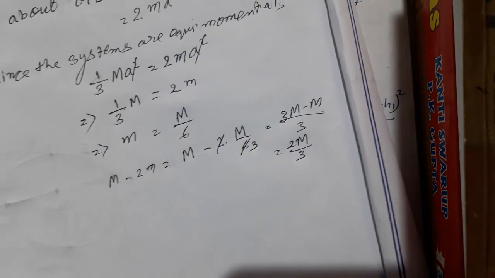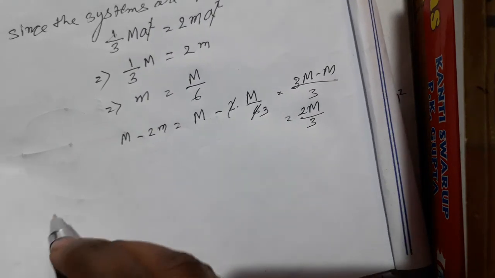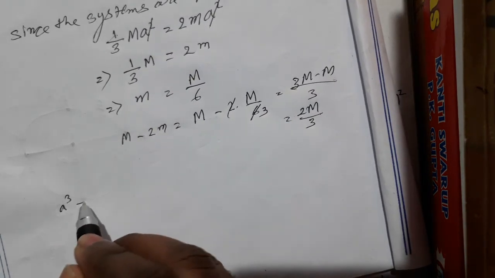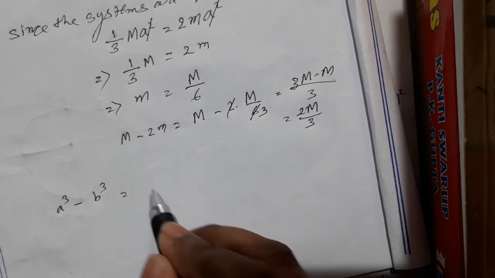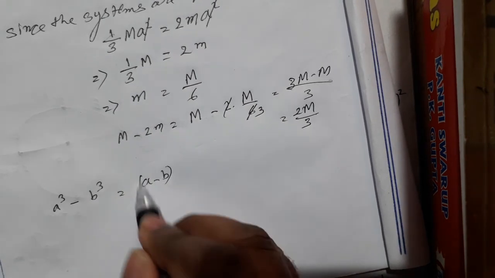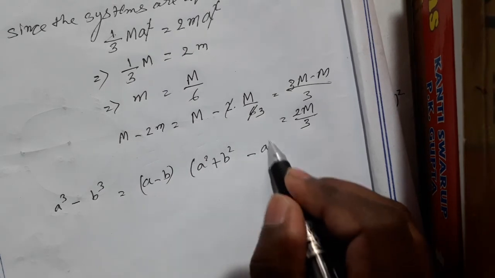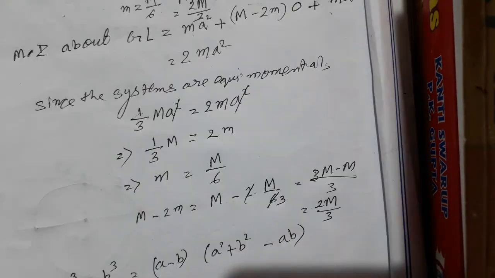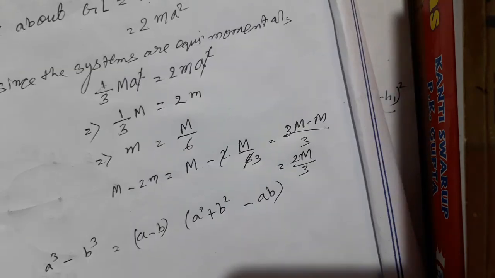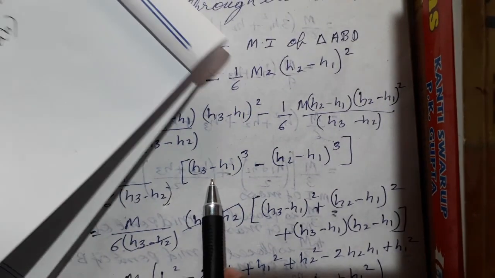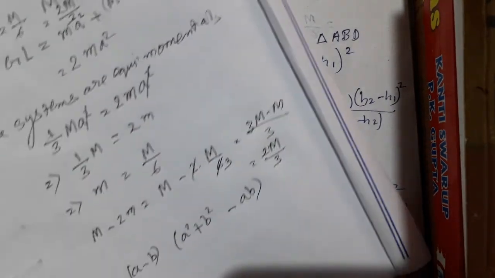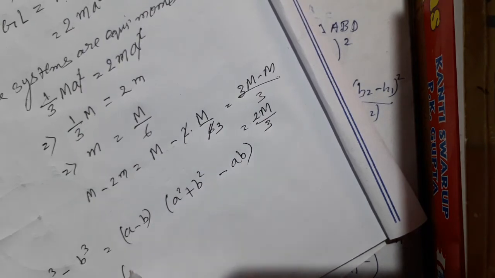In case you have forgotten, I will give you the formula: a cube minus b cube equals (a minus b)(a square plus b square plus ab). Using this formula, a is this and b is this. So if I use this formula here, I get what?